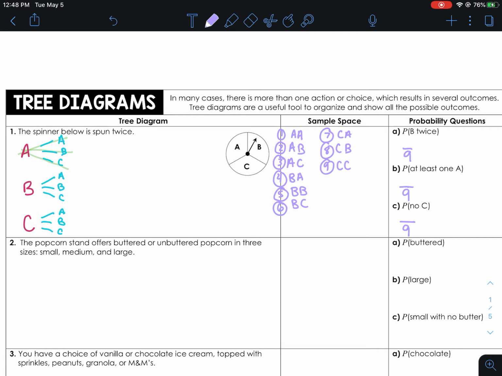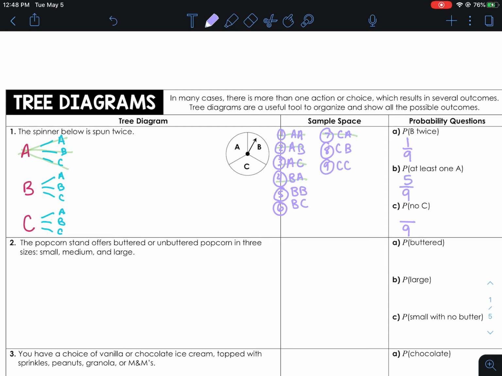So when I see B twice, if I look at my sample space, there's only one time that B shows up twice, BB, and that is answer choice number 5. When I see part B, it says the probability of at least one A. So at least one. Well, I have 1, in that case, 2, 3, 4, and 5 choices there.